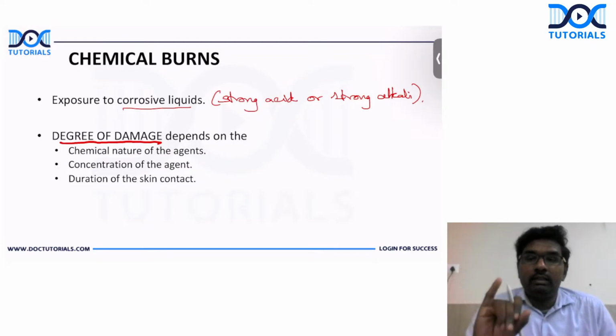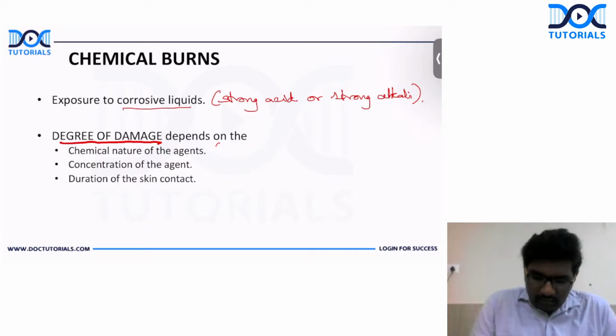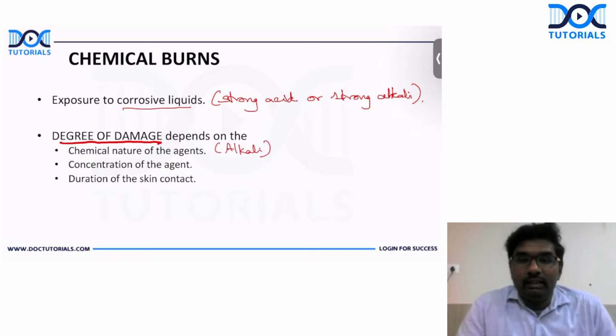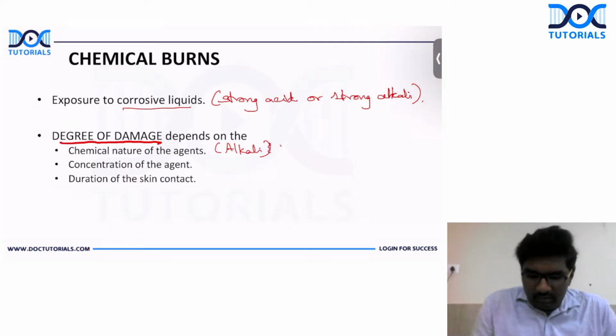And even if it is an acid, whether it is a strong acid, a weak acid, or an organic acid. In case of alkali, whether it is a strong alkali or a weak alkali. Of course, alkali will cause more severe burns than acids.